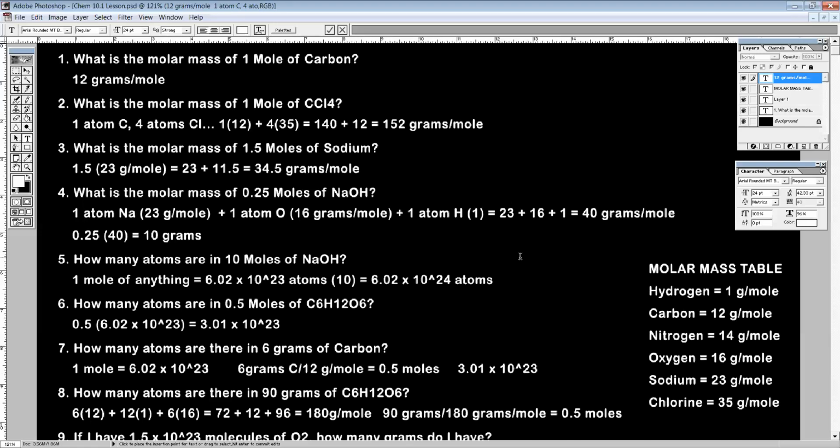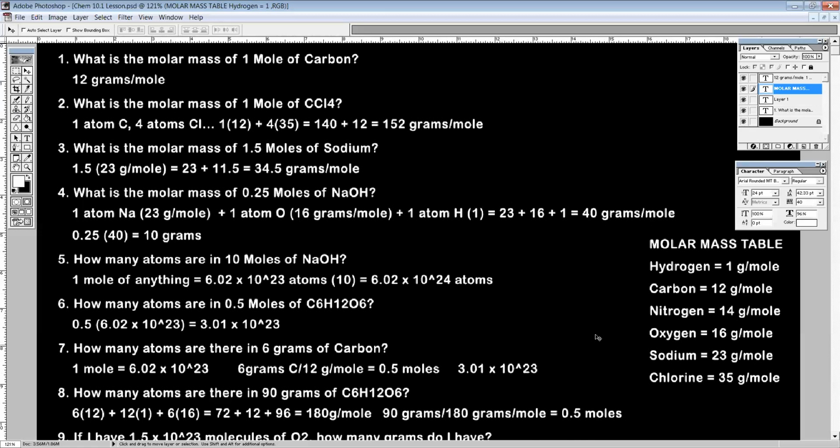Which we know to be, let's go back to this one, which we've seen in the other calculations. We have half a mole.